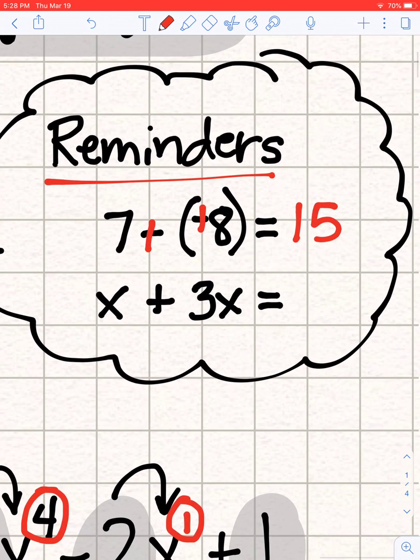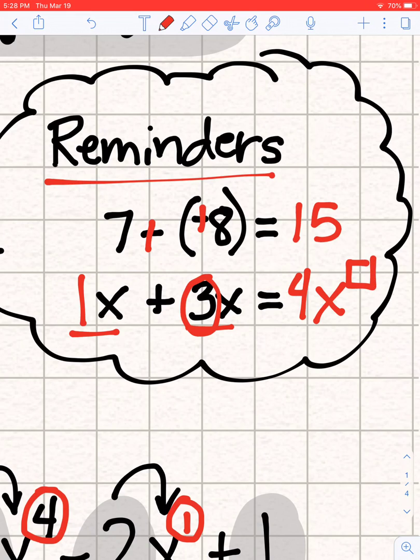And then second of all, when you add two things together, like x plus 3x, keep in mind these things are both apples or both oranges. They're alike, and so we can add them together. You just have to keep track of the coefficients that are in front. So 1 plus 3 is 4. Again, don't change the exponent on the variable.